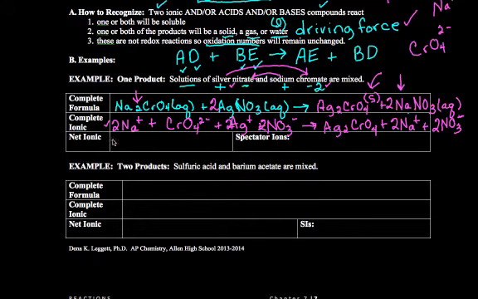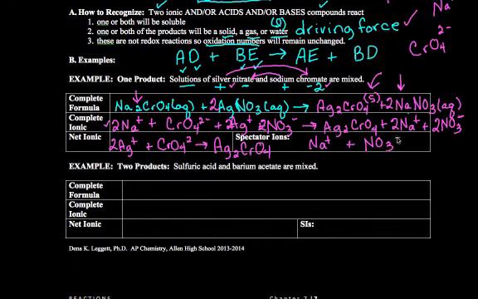The good gossip at the party is that silver ion reacted with the chromate ion to make silver chromate. And you know what? Sodium came to the party, had a good time, but went home alone with no new boyfriends. And nitrate went to the party and went home alone with no new boyfriends.